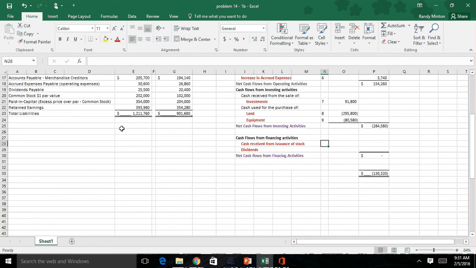But if you look at the next item here, this is the excess price over par for the common stock. So it means that it didn't sell for $1. It actually sold for $2.50 when you work through the numbers, because the difference between this number and this 204 is 150,000.